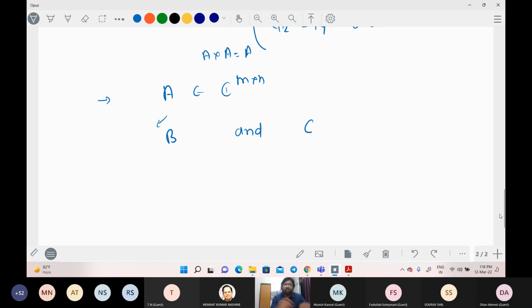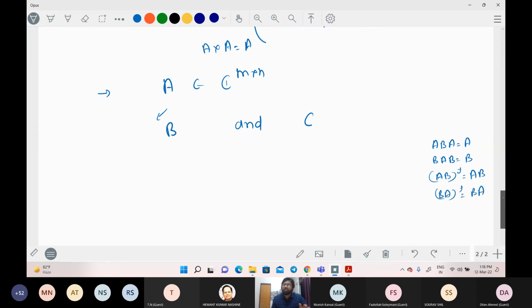By saying that B is the Moore-Penrose inverse of A, I simply mean that it satisfies all four equations. What are those four equations? ABA equal to A, BAB equal to B, (AB) star equal to AB, the Hermitian property, and (BA) star equal to BA.